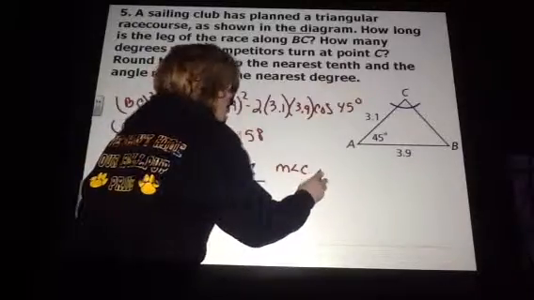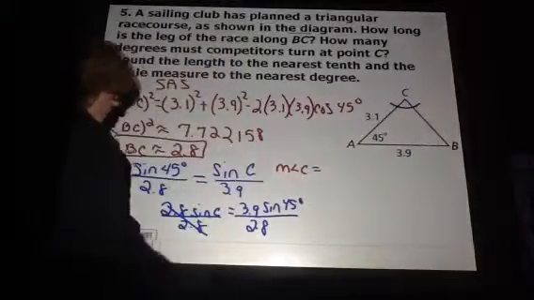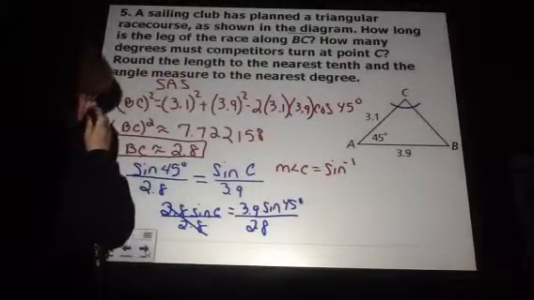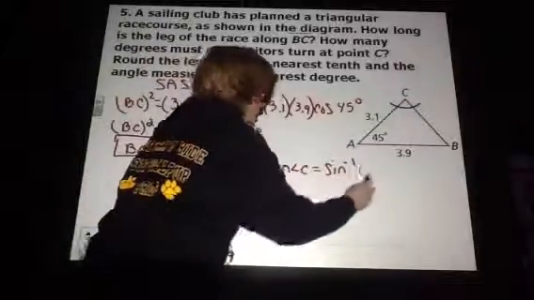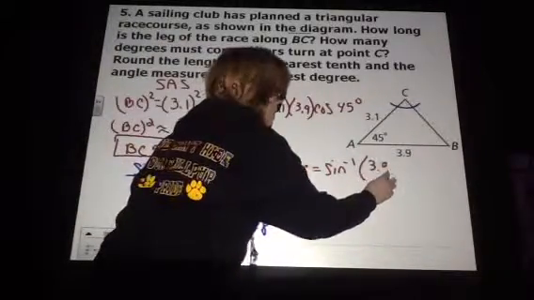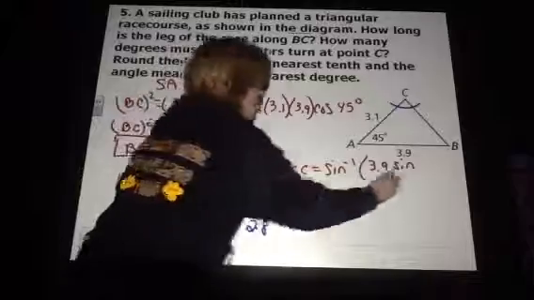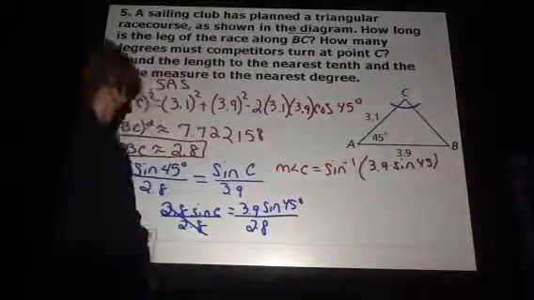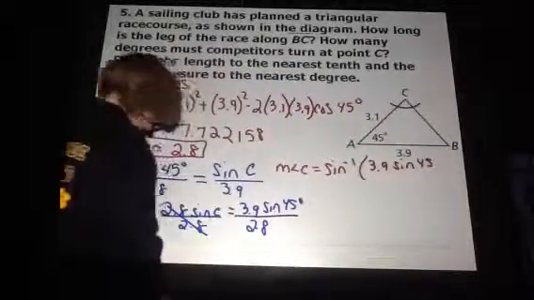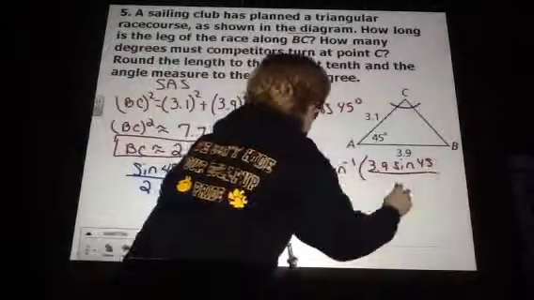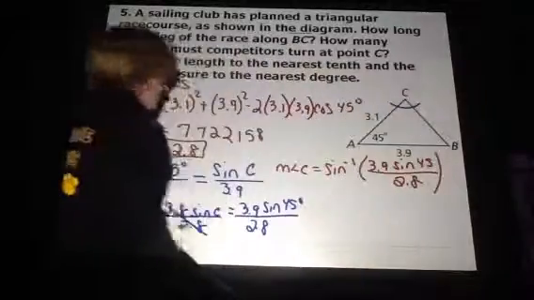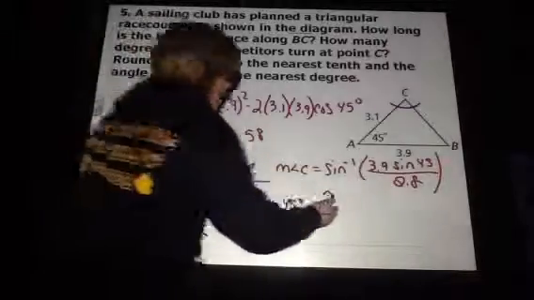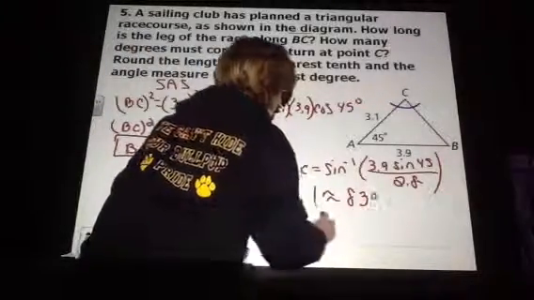So the angle measure of C is going to equal the inverse of sine of 3.9 times sine 45, over 2.8. And you should get approximately 83 degrees.